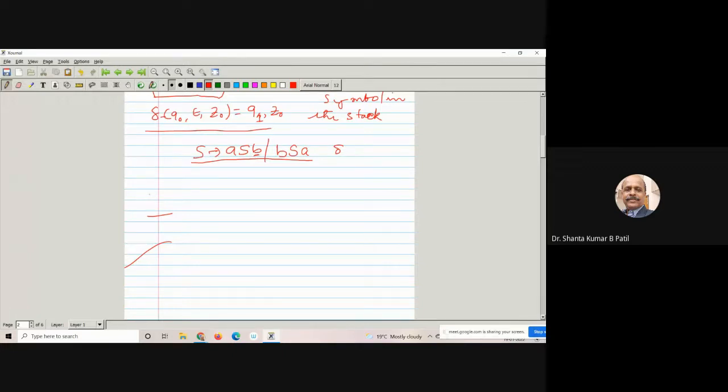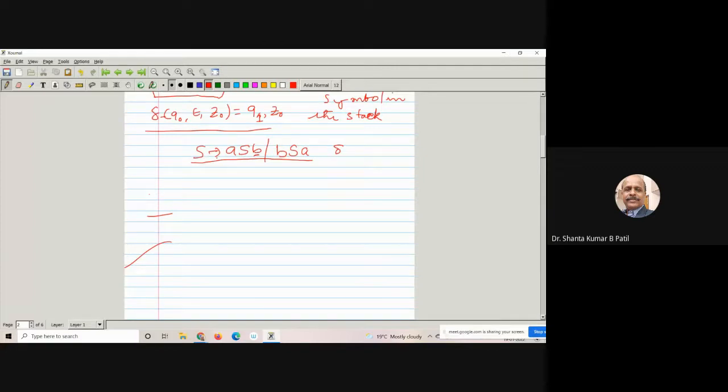So please make a note, take the pen and paper. To convert any CFG into the transition function of a PDA, the production should be in the form of Greibach normal form only, and they are the desired ones.